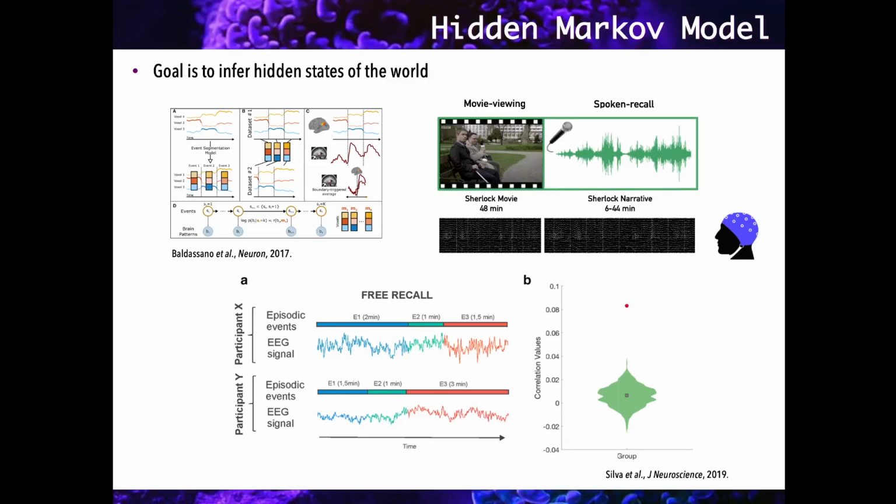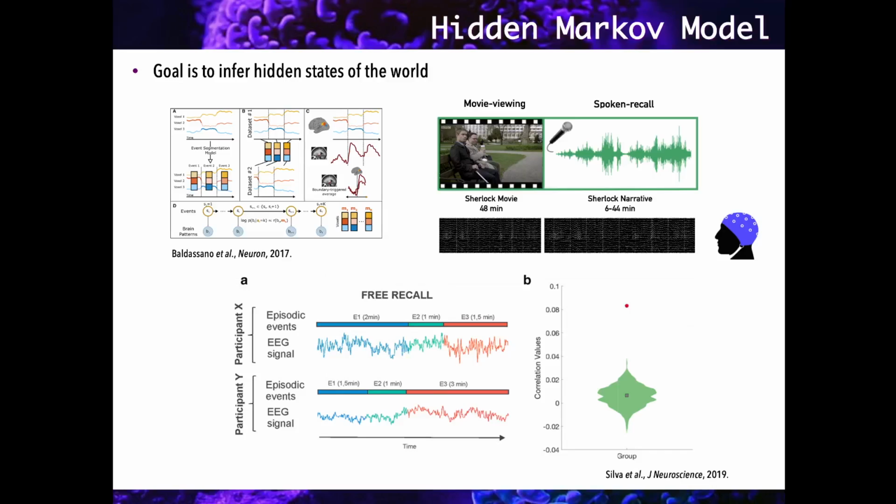You can imagine that when we ask participants to do a free verbal recall, every participant will do it in a different manner. So here, for example, in figure A, you might have a participant X that takes 2 minutes to recall the first event of the movie, and then a participant Y that only takes a minute and a half, and so on, because some of them might remember some information from one event and others will recall more or less information from that same event.